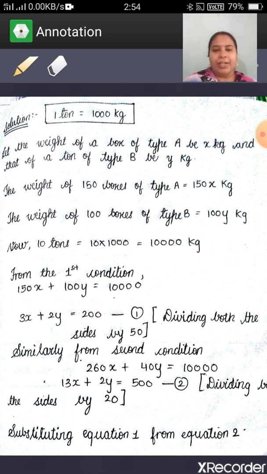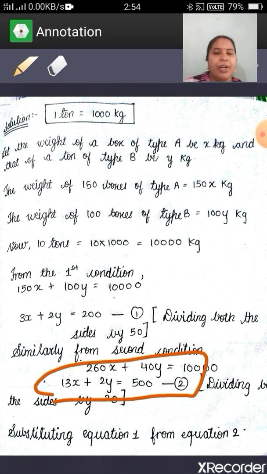So when I divide this, I get 260 upon 20, that is 13x, 40 upon 20, that is 2y, and 10,000 upon 20, that is 500. So we get 13x plus 2y is equal to 500. This is my equation number 2.